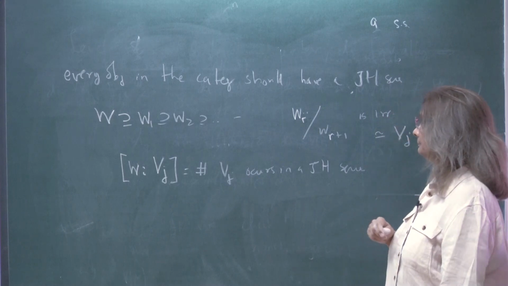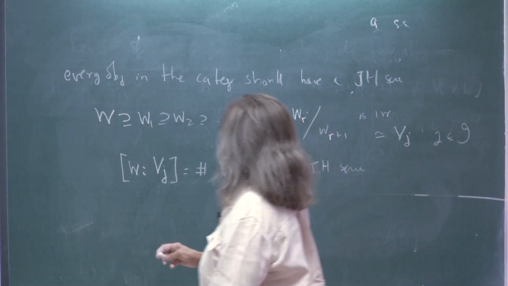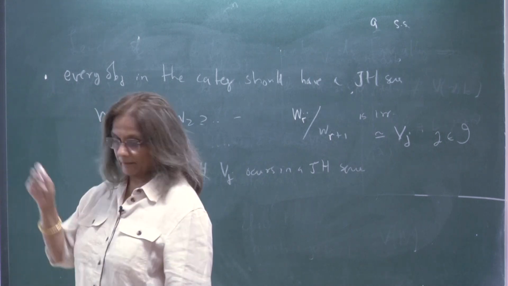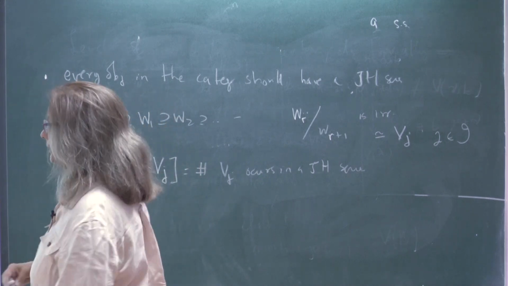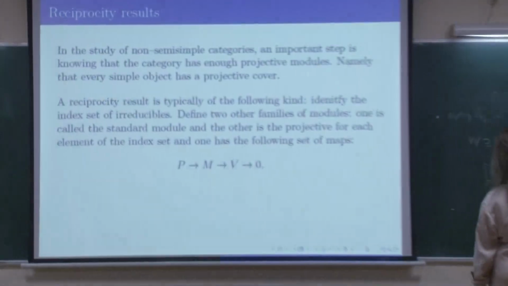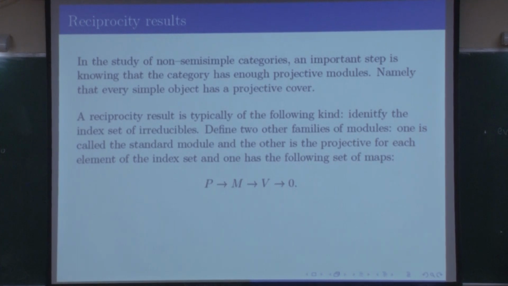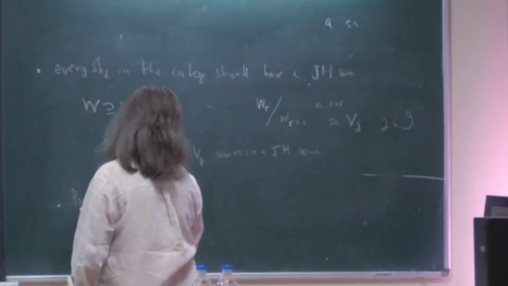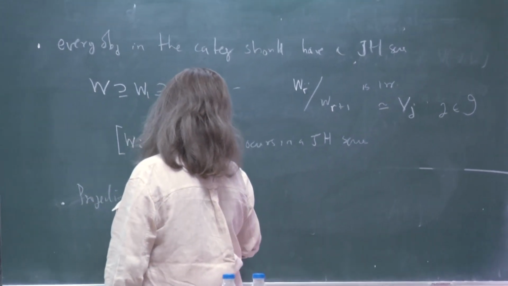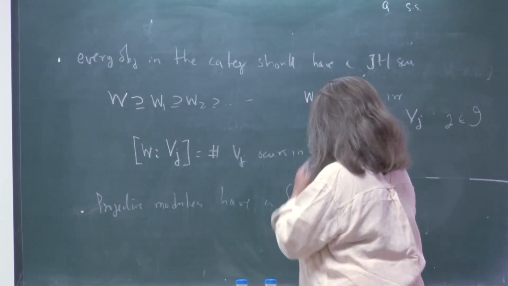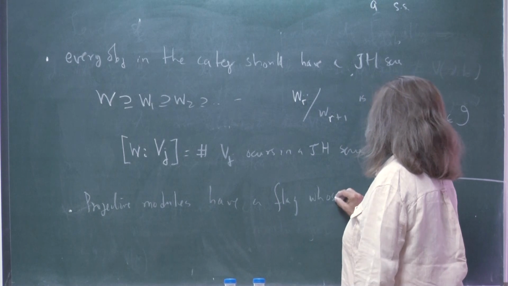So you want this property. And again, all the good modules that show up in Lie theory also have the property that the projective modules have a flag by standard modules, whose sections are standard modules.